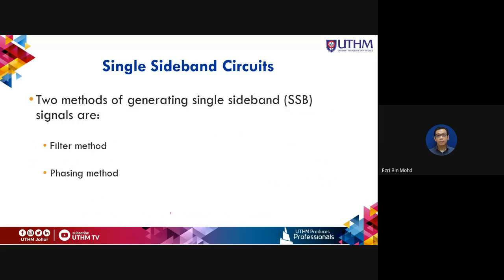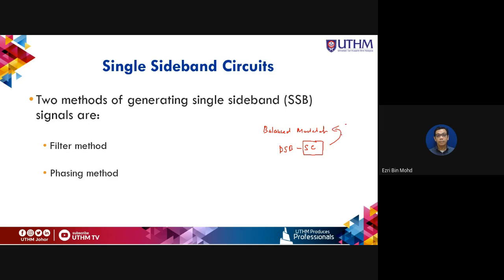For the single sideband circuit, we already reviewed that the balance modulator can produce double sideband suppressed carrier. Here we already proved that the carrier can be suppressed by using a balance modulator operation.